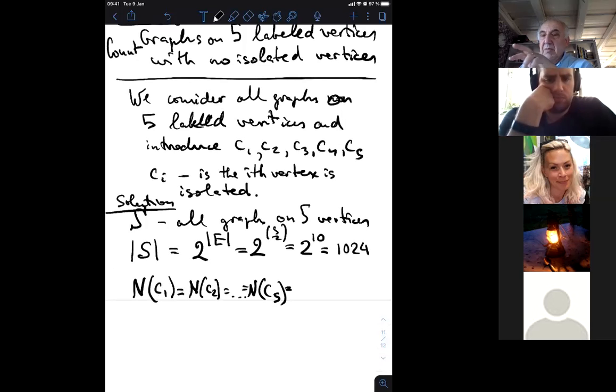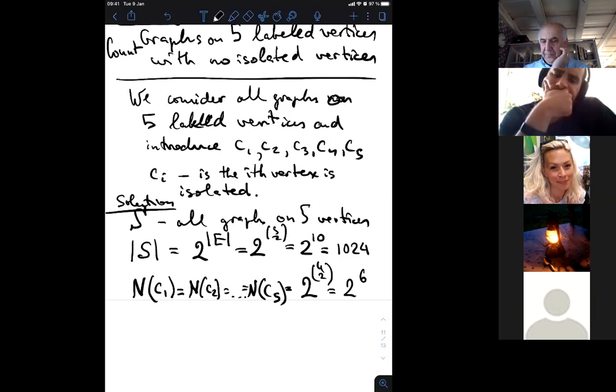That means we have no edges from this vertex. We have 4 remaining vertices, and on 4 vertices we can have 4 choose 2, 6 different edges. So this would be 2 to the power 4 choose 2, which is 2 to the power 6.